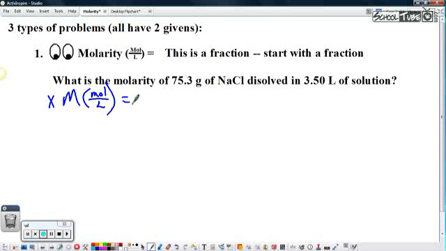To make sure that I know I'm looking for a fraction. So the two givens should be arranged in a way that I can make a fraction. So which one of those two givens can I get to moles? The grams, it's easy to change to moles.